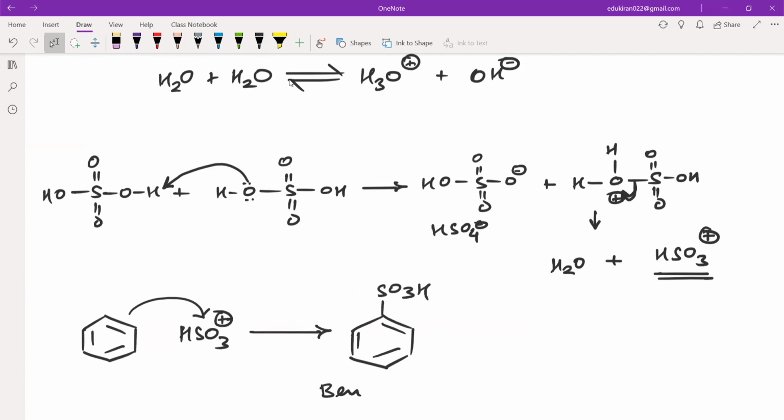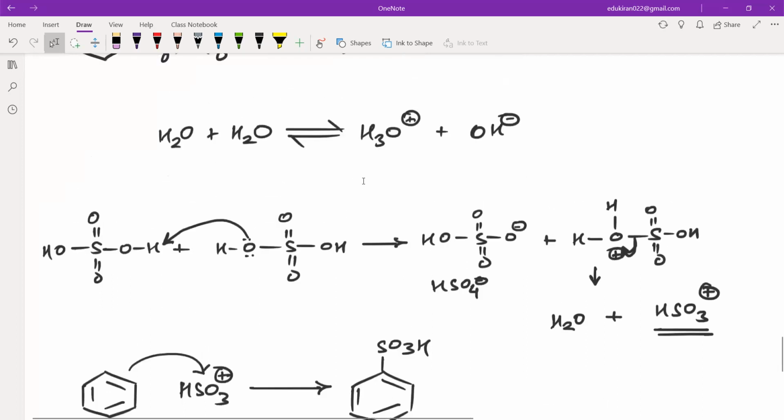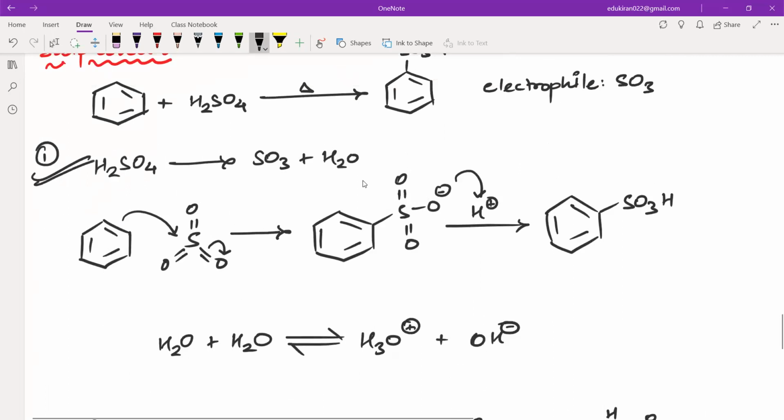This is benzene sulfonic acid. Okay, so there are two different mechanisms, both are fine, but nowadays the first one that I did is given more preference. So for the electrophile you will give SO3. You will be giving SO3 as the electrophile in the sulfonation of benzene ring.